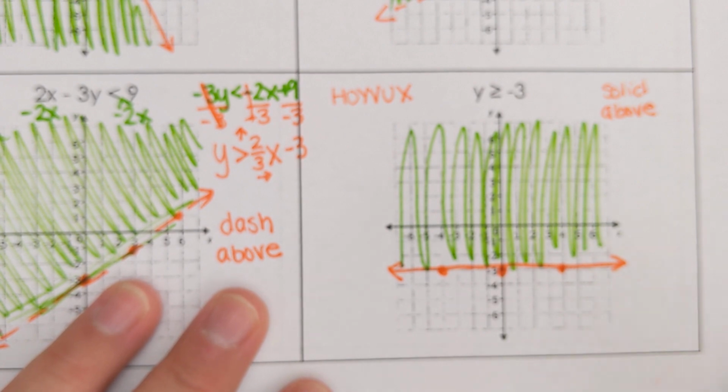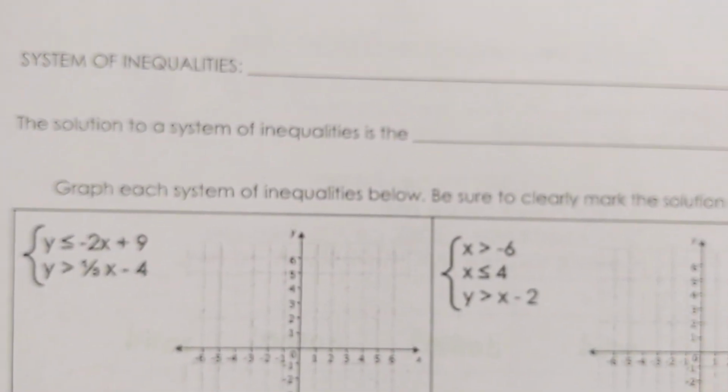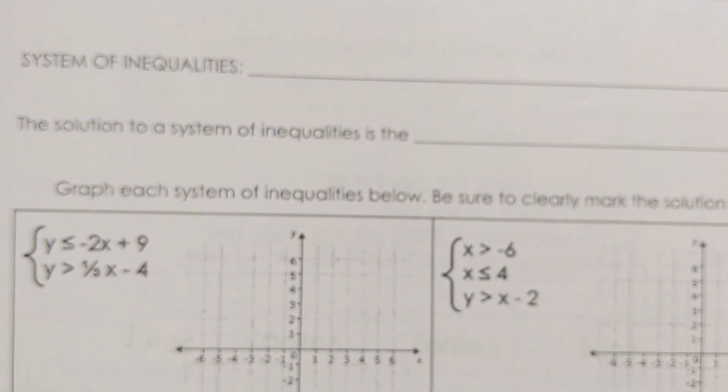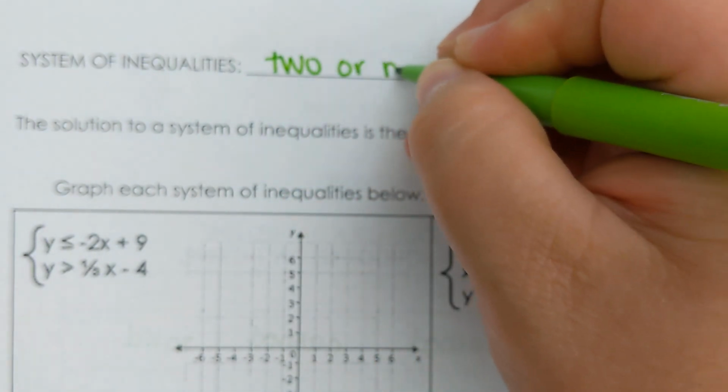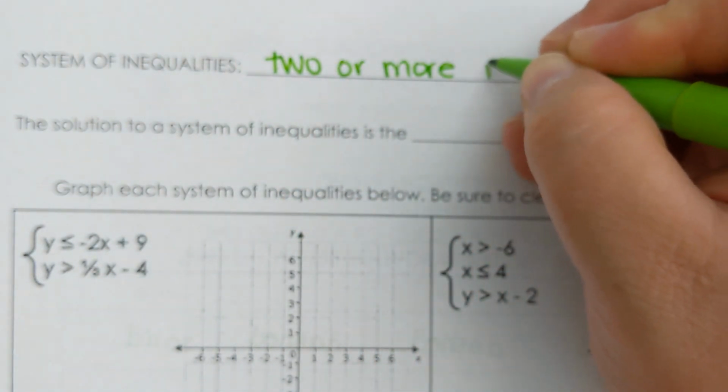Okay, let's flip to the back side. A system of inequalities is just a fancy way of saying two or more inequalities.